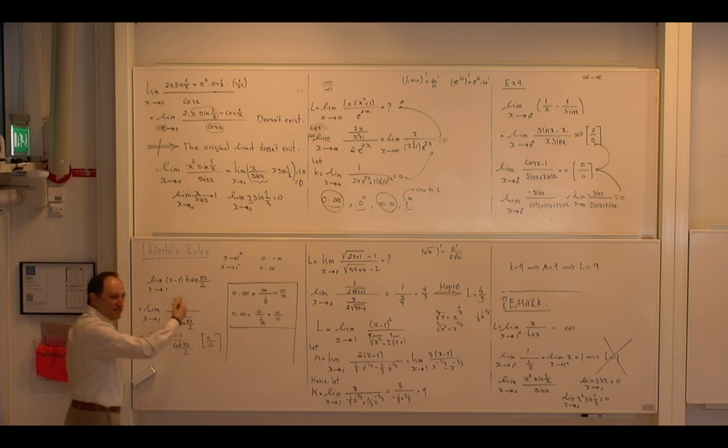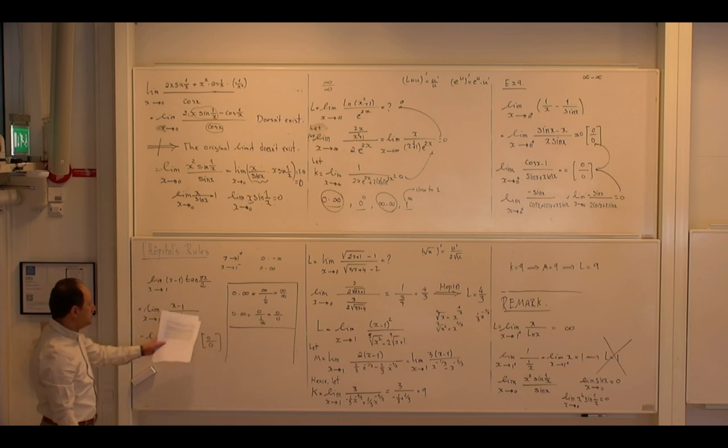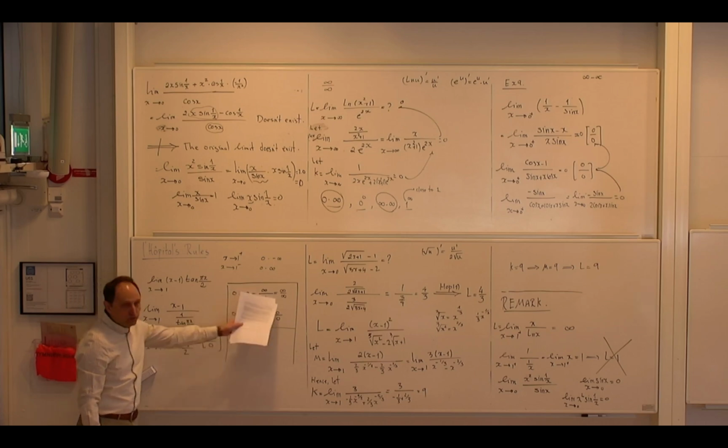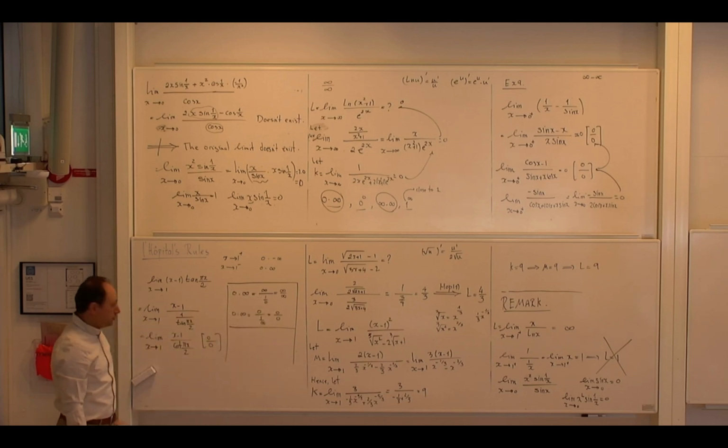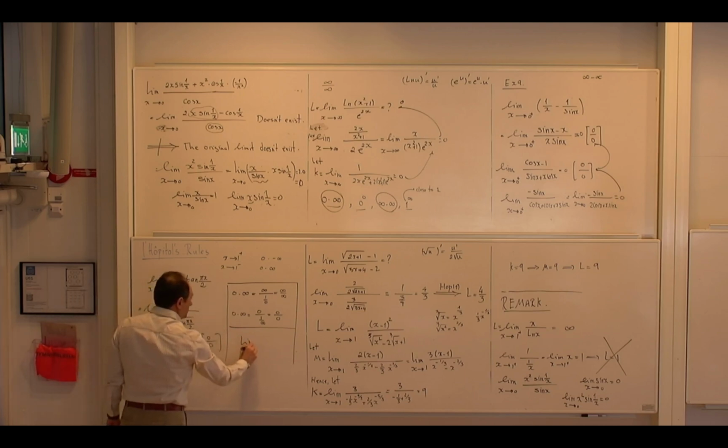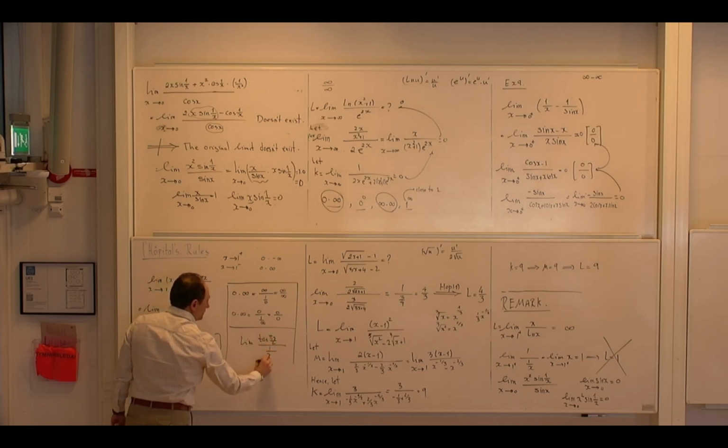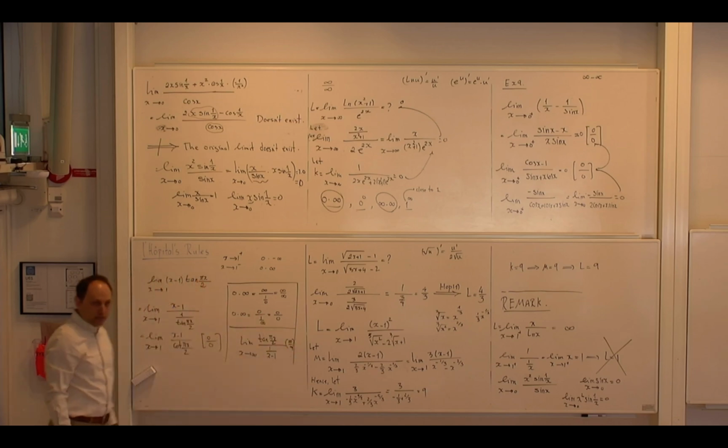So that is the way you have to think, to change 0 times infinity to either this type or that type. For me, this one is easier. If you wanted to do it the other way around, you have to write it as tangent of pi x over 2 divided by 1 over x minus 1. But this one will be infinity over infinity. So again, L'Hopital's rule is applicable, so you can use that.